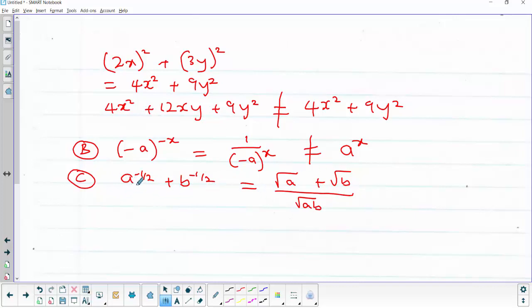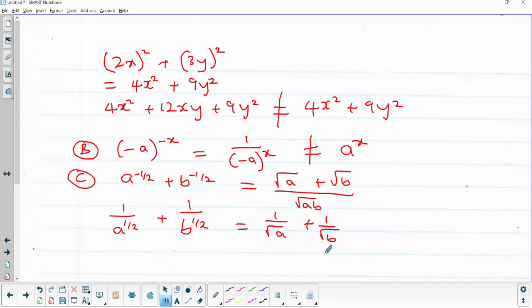From the law of exponents, we can rewrite it. This gives us 1 over a raised to power half, according to the law of exponents, plus 1 over b raised to power half. We can still rewrite it, which is the same thing as 1 over the square root of a, because this becomes the root, that is one of the laws of exponents as well, plus 1 over the square root of b.